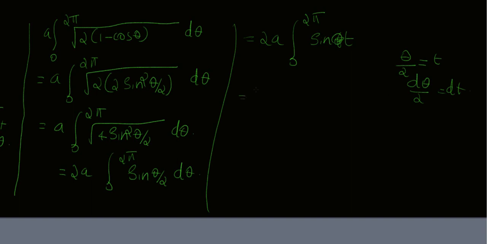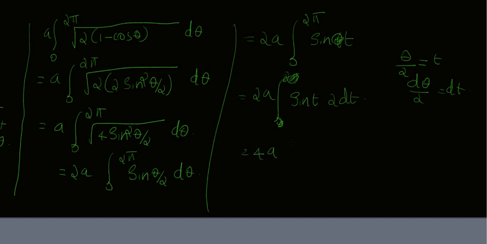At last only I will convert this in limit. Up to that this is actually 0 to 2 pi. I am not substituting the 0 to 2 pi. Sin t integration is, actually I have to convert this as sin t into dt, where d theta is converted into 2 into dt.